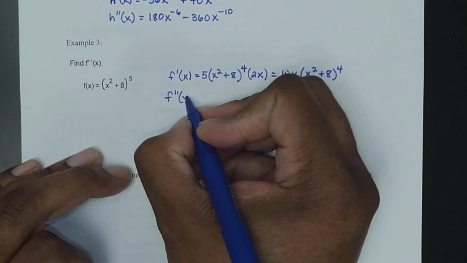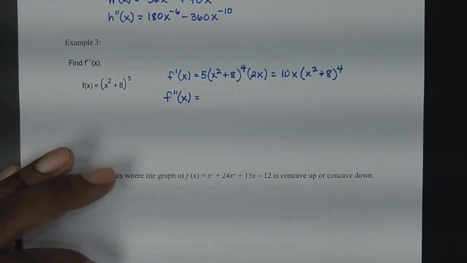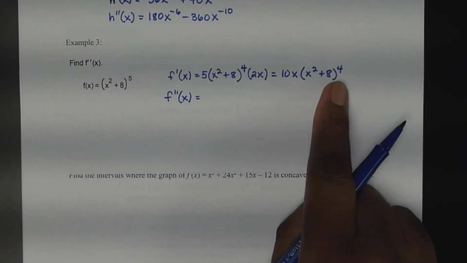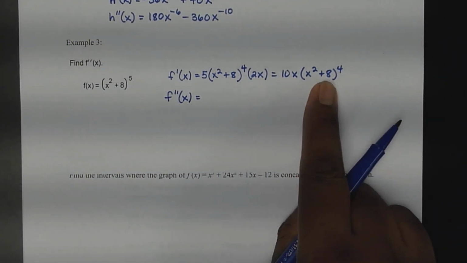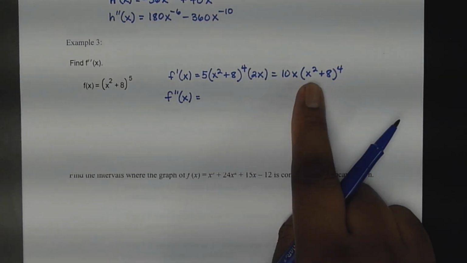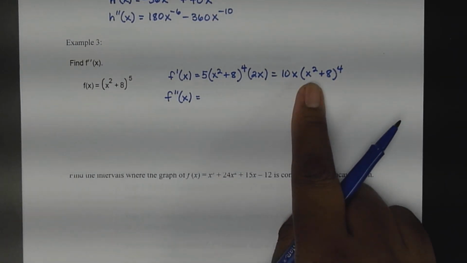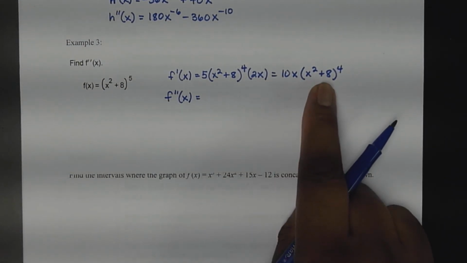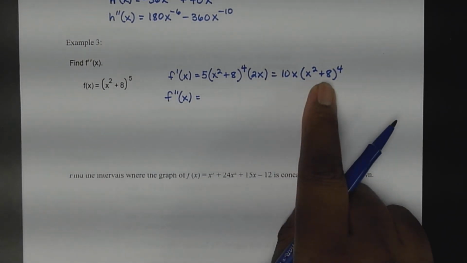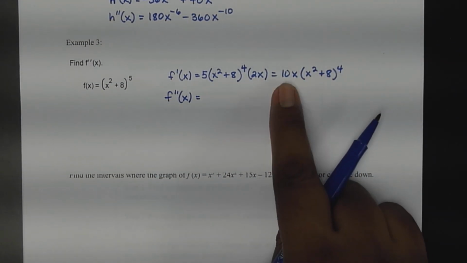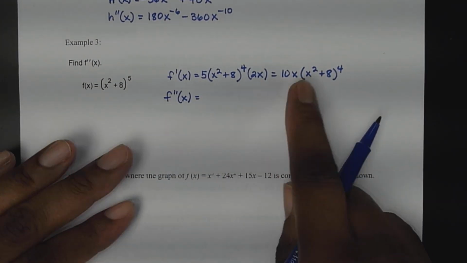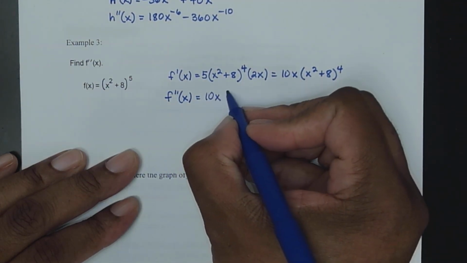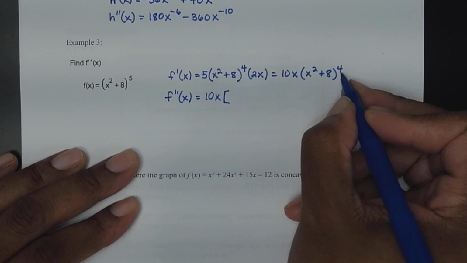And now, do the second derivative, f double prime of x. Okay, so here's what f prime of x is. We need to take its derivative by applying the product rule, because we got 10x times x squared plus 8 quantity raised to the 4th power. And the product rule is this. We take the first term, which is your 10x, times the derivative of the second.